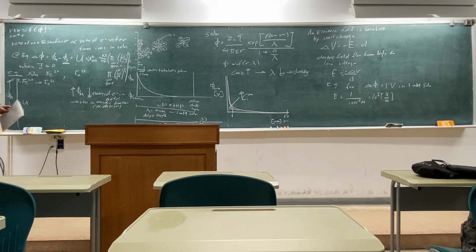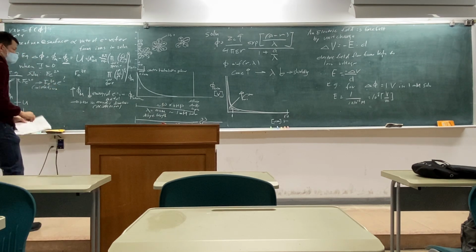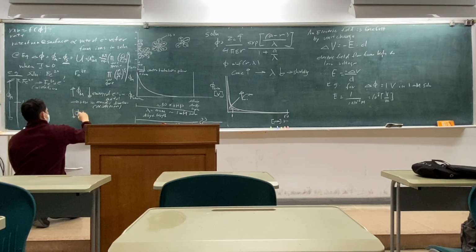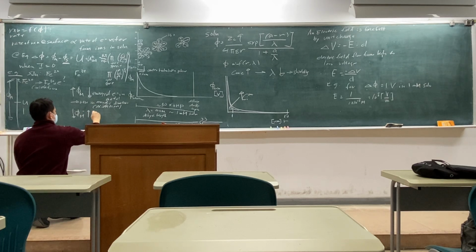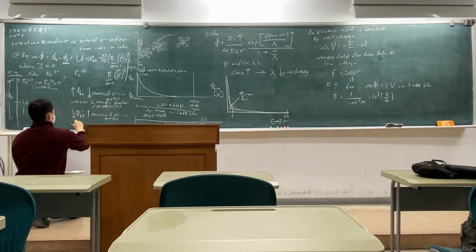This is oxidation. If we decrease the potential of the metal, we're going to increase the energy of the electron in the metal. This is going to drive the reaction in the cathodic direction.